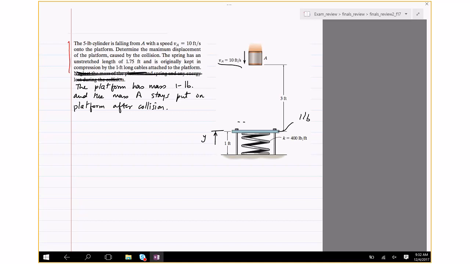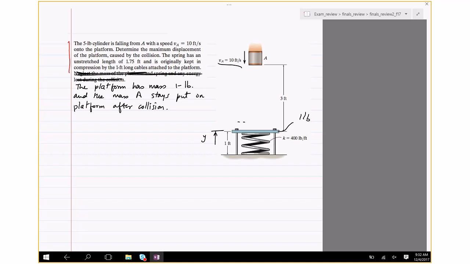The first part is to find the velocity when the block is just about to hit the platform. How do you do that? Use the principle of work energy. You stop the calculation right here first. Then there's a collision between the block A and the platform.